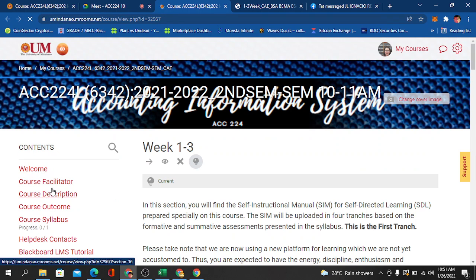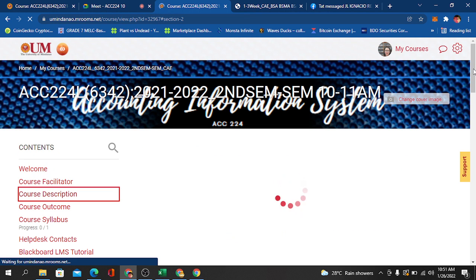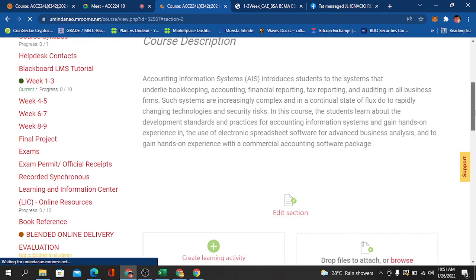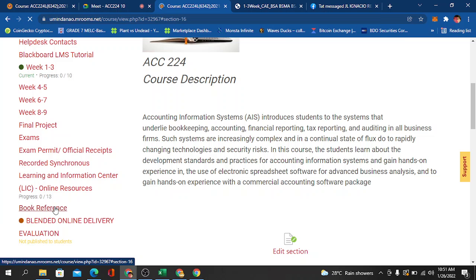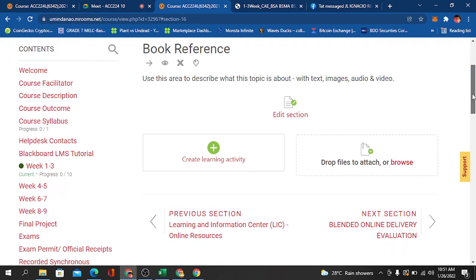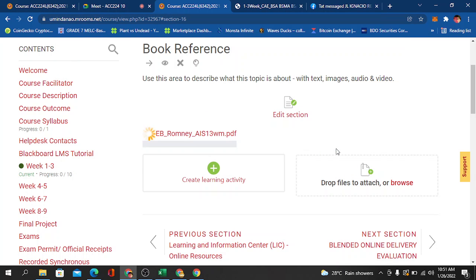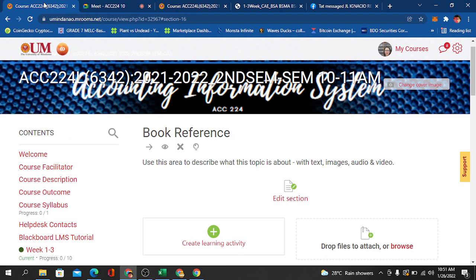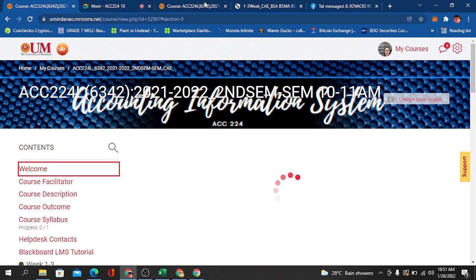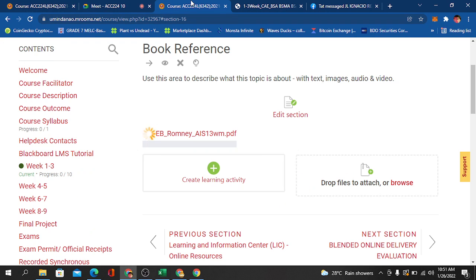Then my second takeaway is that the six components of the AIS are very important because they are the foundation of it. Therefore, if one of them, like internal control po, is nawala, then the AIS is not secure enough to make information.